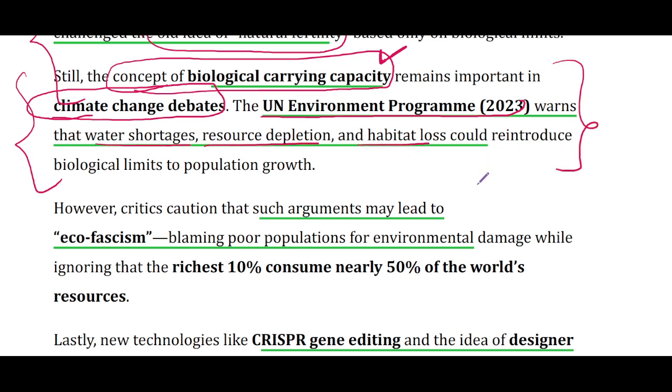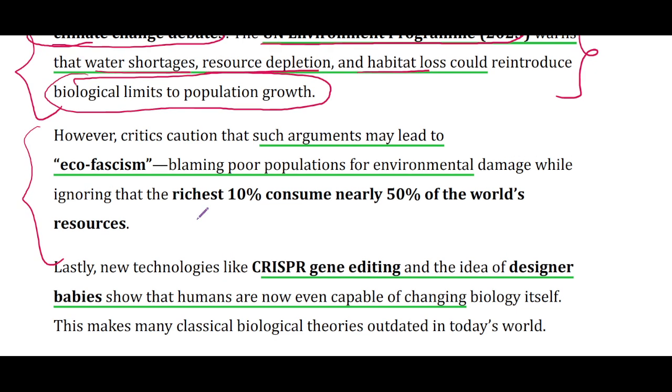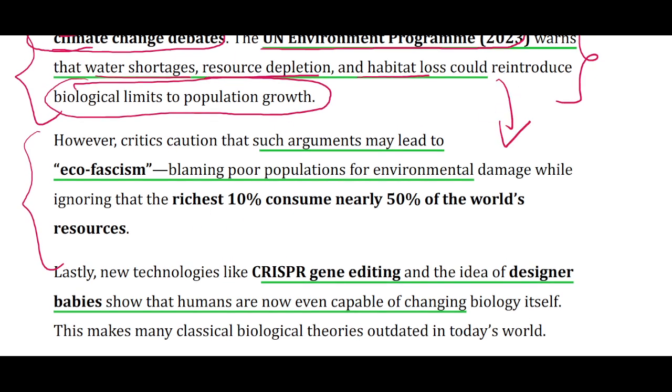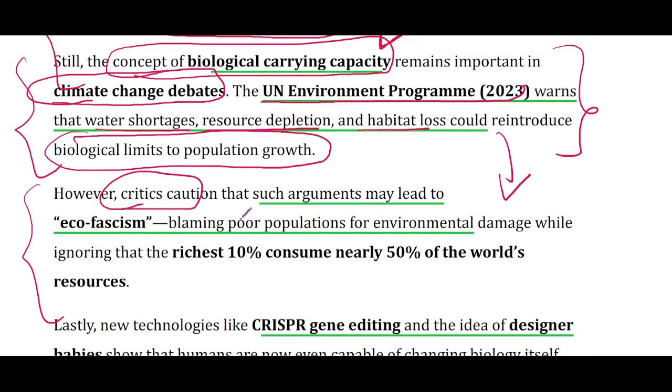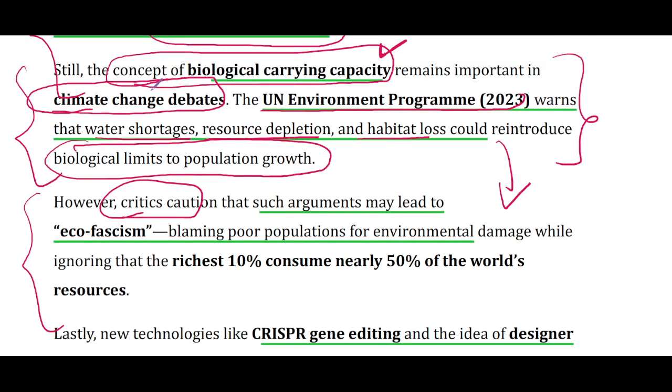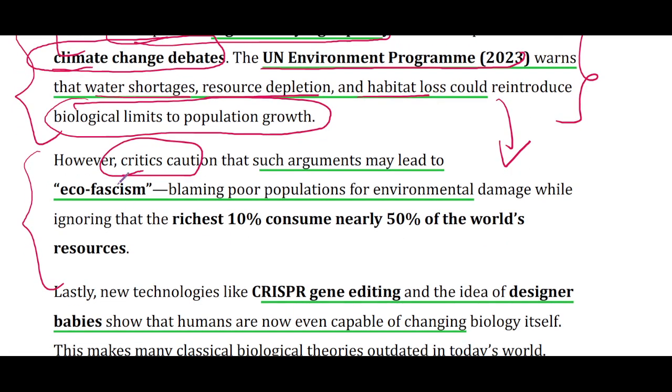In short, the climate deluge can reintroduce the biological limit to population growth. But on this concept, many critics caution that the UNEP report and the placement of biological carrying capacity because of the climate deluge, all these arguments can lead to instances of ecofascism.